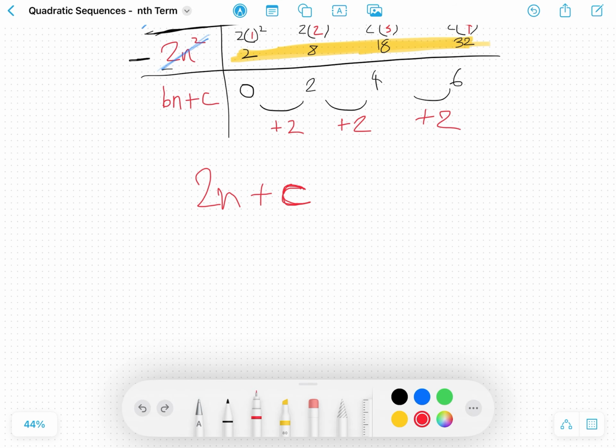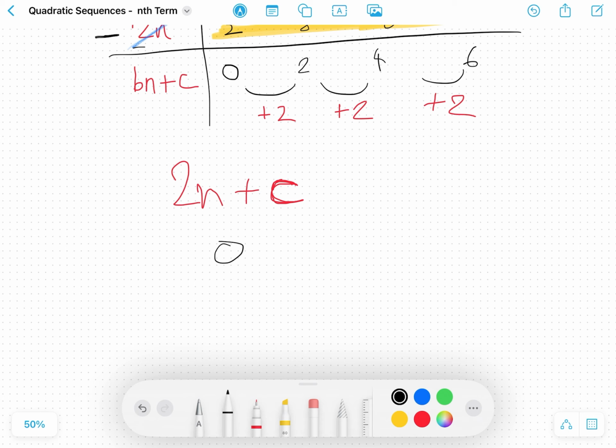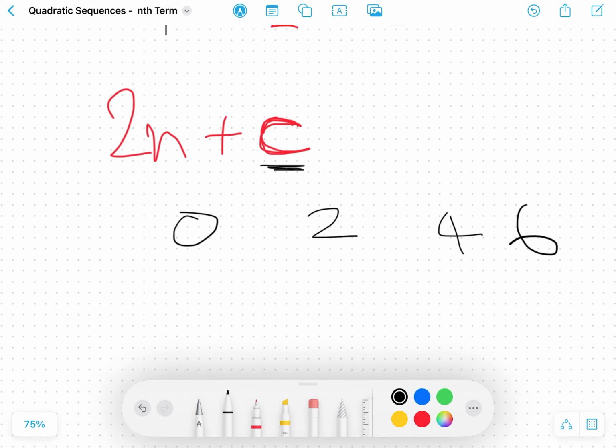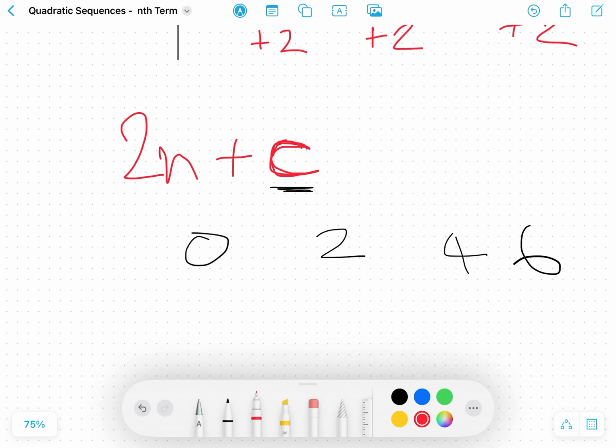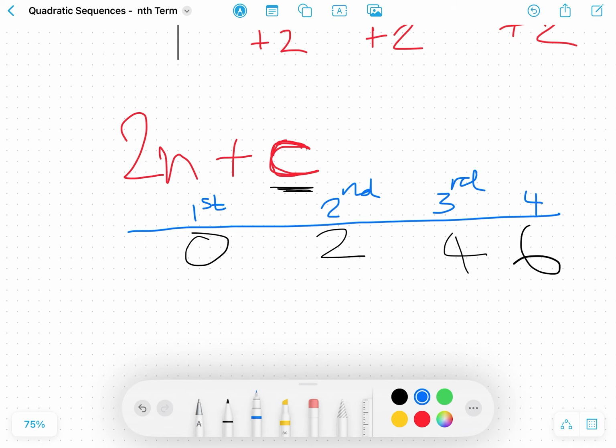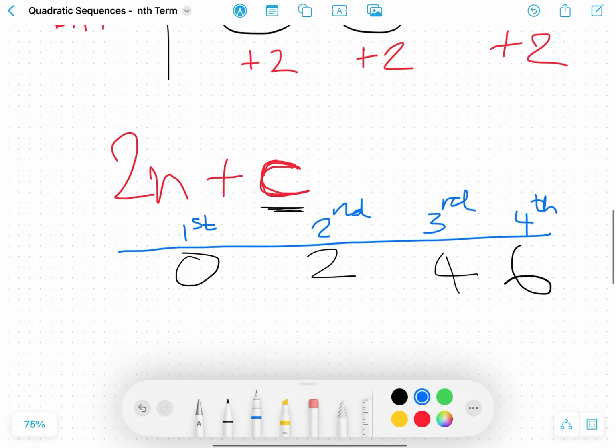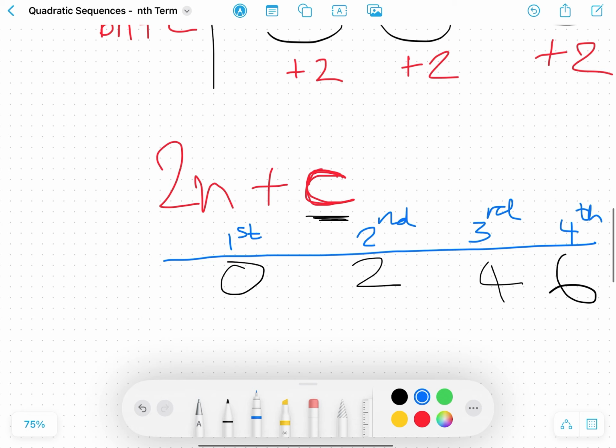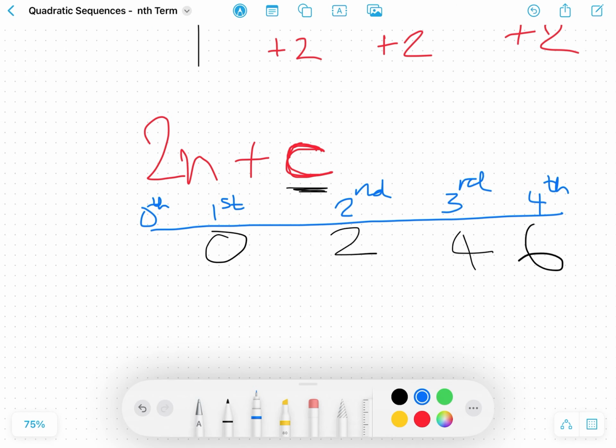So how do we work out what c is? We take down our bn plus c sequence, and c is equal to the 0th term. Firstly, this is the first term of the sequence, and then this is our second term, third term, fourth term, and so on. To find c, it's the 0th term, the term that comes before the first.